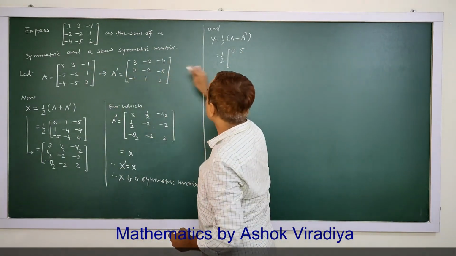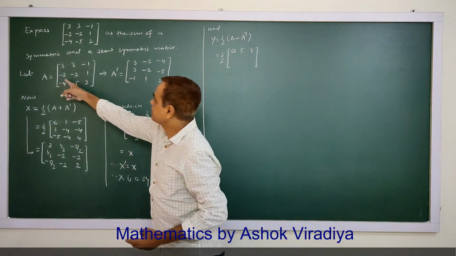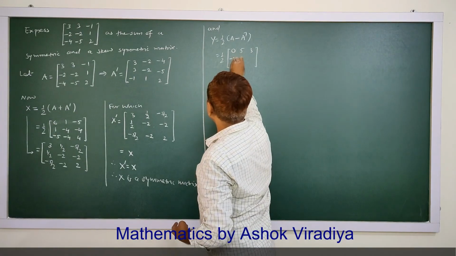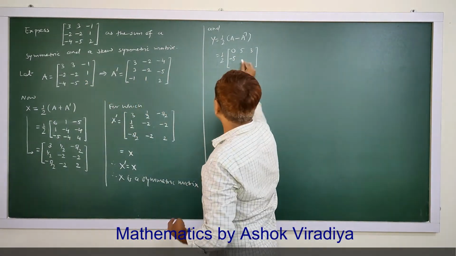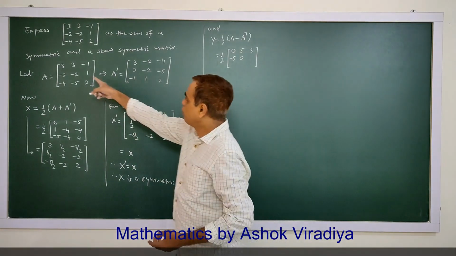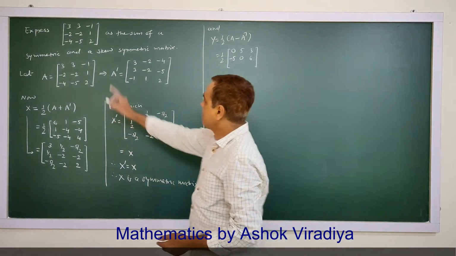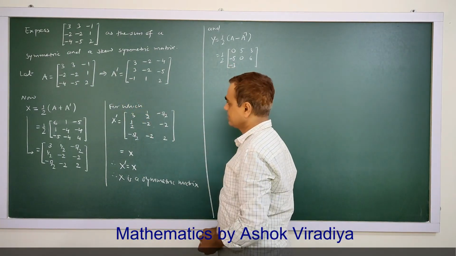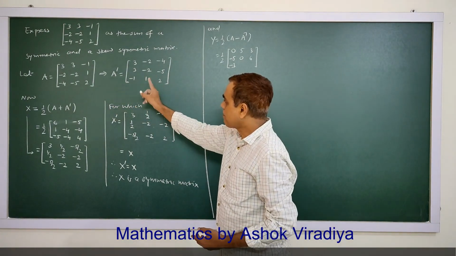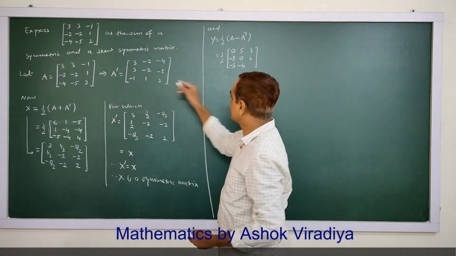Minus 1 minus 4 is 3. Minus 2 minus 3 is minus 5. Minus 2 minus minus 2, that is 0. 1 minus minus 5 is 6. Minus 4 minus minus 1 is minus 3. Minus 5 minus 1 is minus 6. And 2 minus 2 is 0.